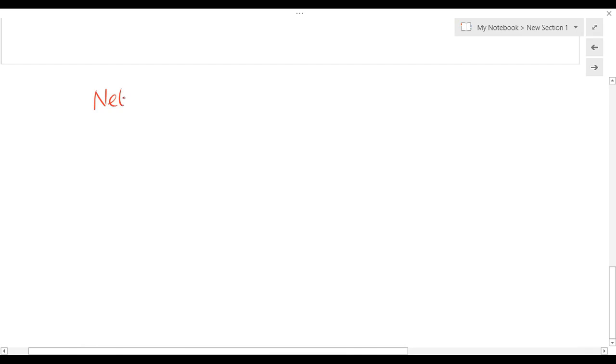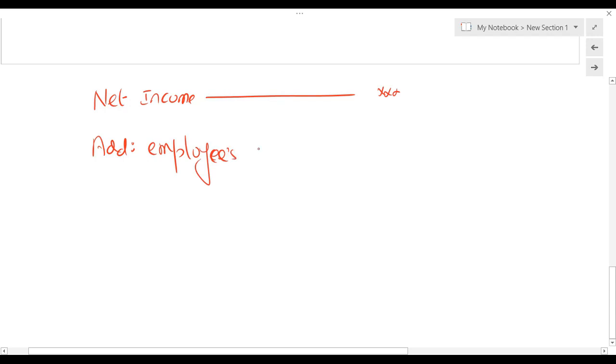You have to take first net income, and then simply add employee's contribution in OPPC, occupational pension plan, if he has contributed.